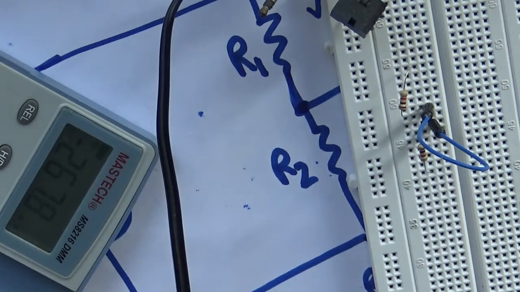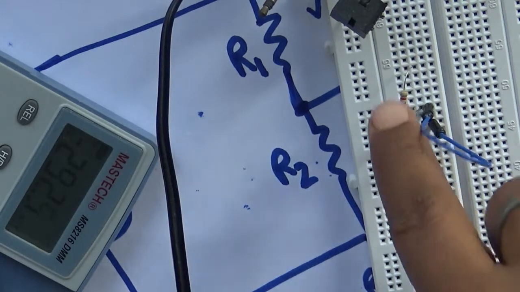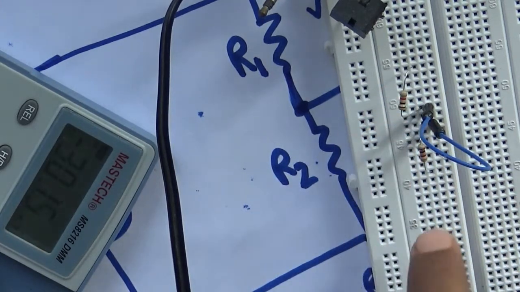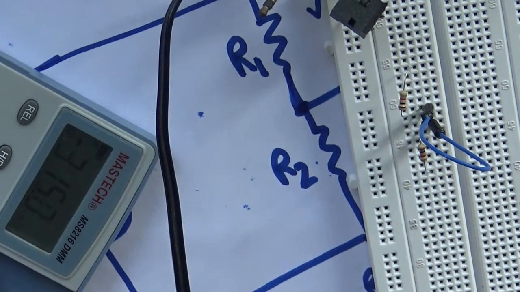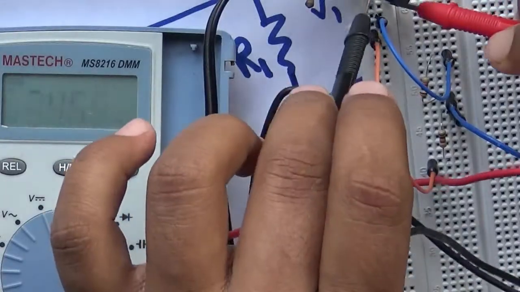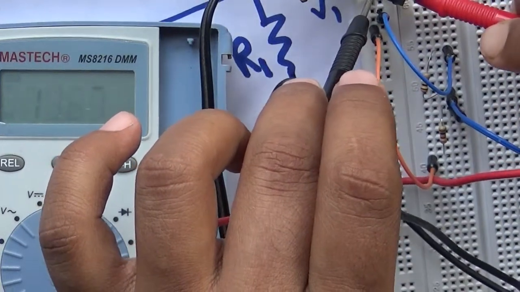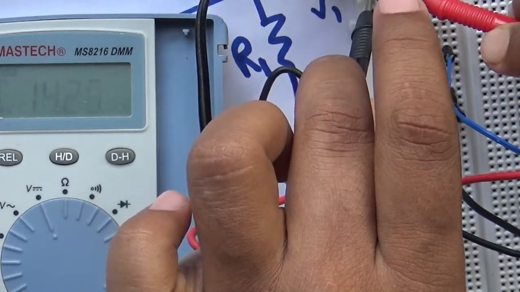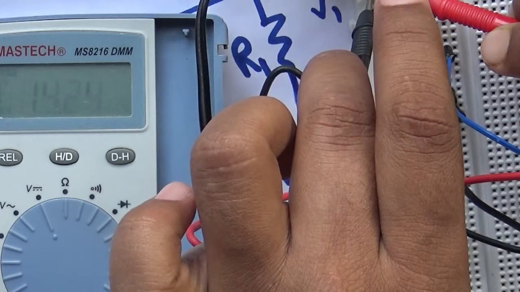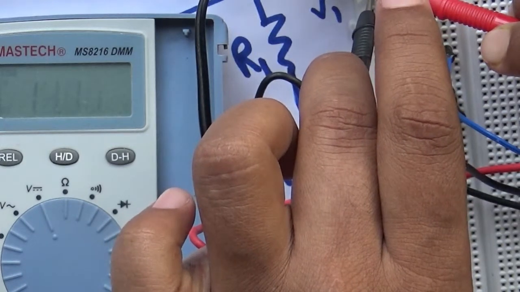I will get approximately 7 volts apart, and I can divide it into 7 volts because I am using these two equal resistances. It's 0.96 each, I've just omitted the second digit after the point. Now you can observe my fixed voltage, 14.25. That's my fixed voltage.